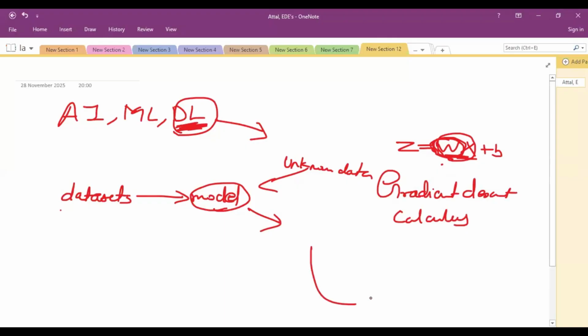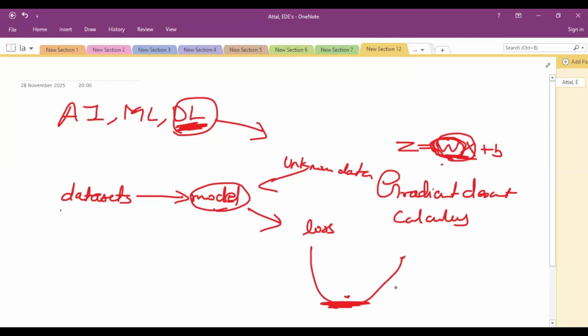Suppose this is the graph of the loss function. By loss, I mean the difference between the value predicted by the model and the actual value. Using that, we can define different loss functions and try to find the weights or parameters of the model which give us the minimum loss.